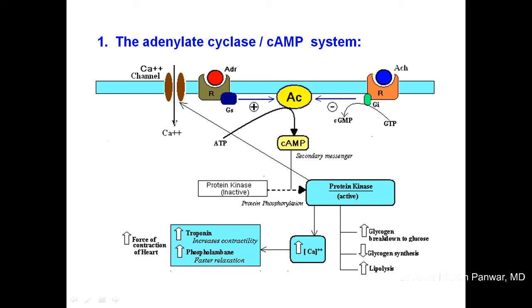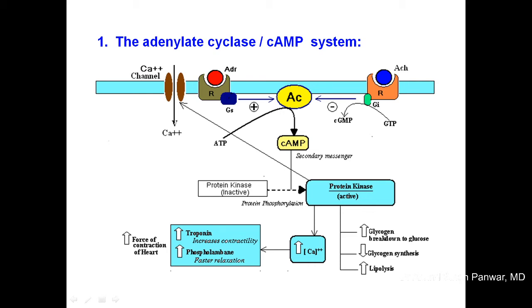Example, beta receptor in the heart muscle. As you see, binding of the agonist adrenaline to the receptor ultimately leads to stimulation of Gs, which stimulates adenylyl cyclase, and ATP will break down into cyclic AMP, which ultimately stimulates protein kinase.